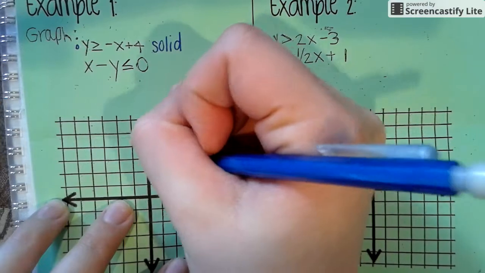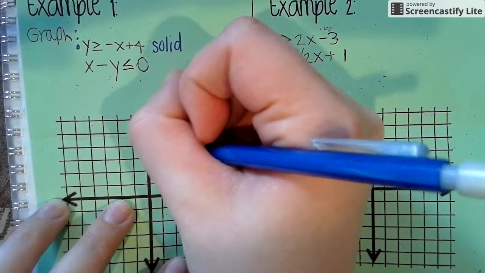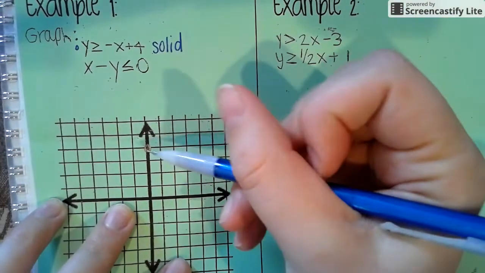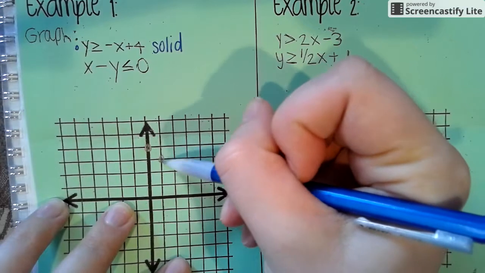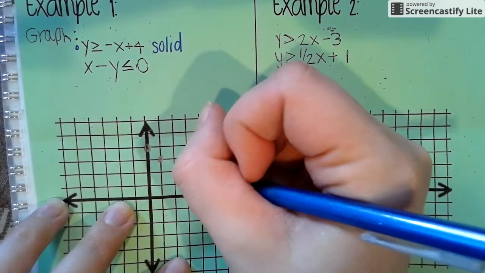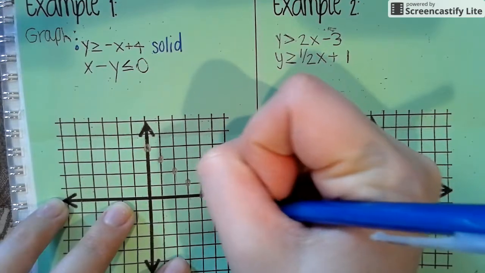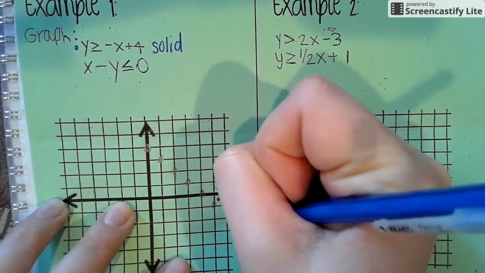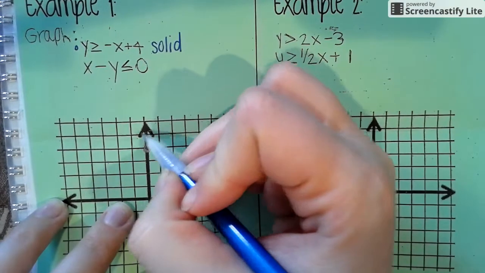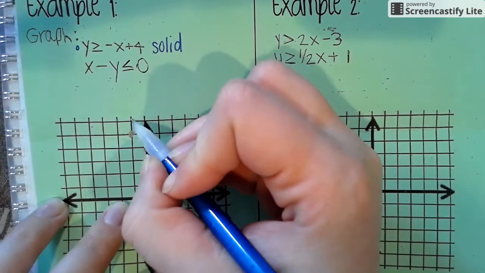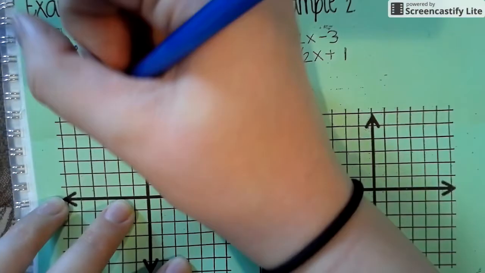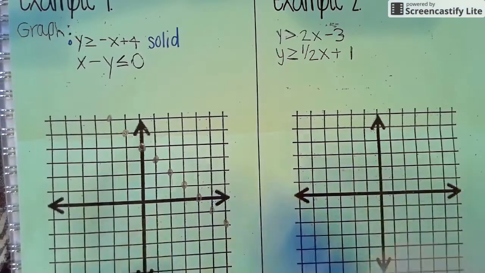So 1, 2, 3, 4. Okay. And then I'm going to go down 1 to the right 1 using my slope of -1. Same thing up to the left, and I'm going to draw a solid line.